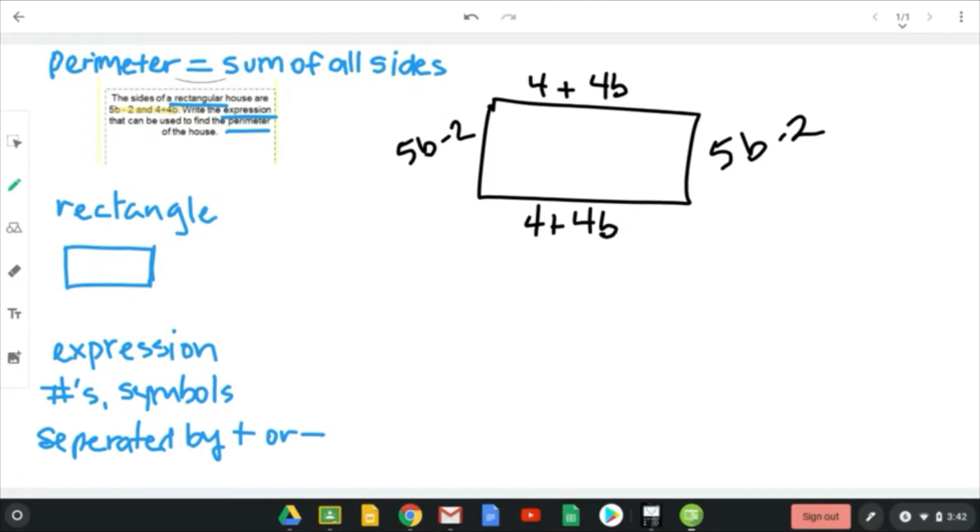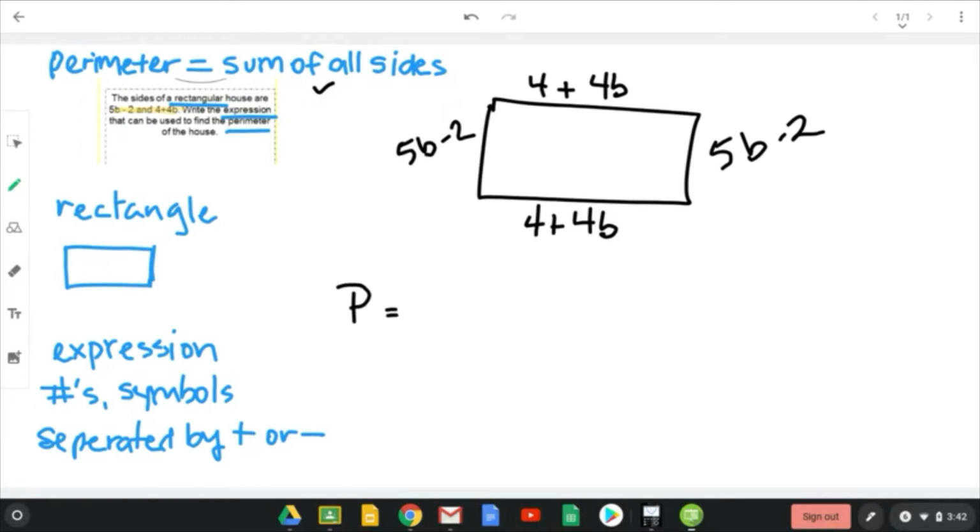A common mistake I see in this type of problem is students will take the two pieces of given information and add them together. However, that doesn't represent a rectangle because a rectangle has four sides. All right, now that I've labeled my rectangle, I'm now going to add all the sides together because that's what perimeter is the measure of. It's the measure of all the sides.